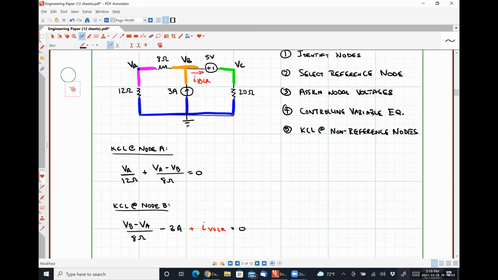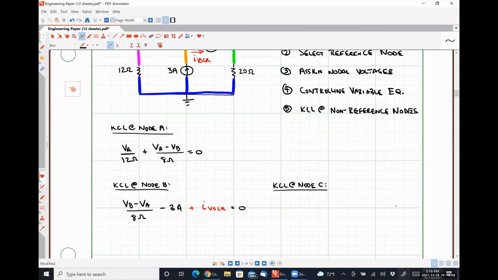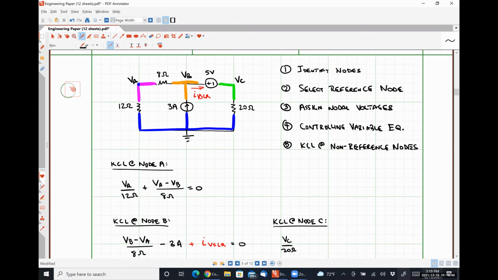Now, I'm going to try to write a KCL equation at node C. So I'll have my current flowing down through my 20 ohm resistor. So that's easily VC divided by 20 ohms. And then I have another current flowing through a voltage source.